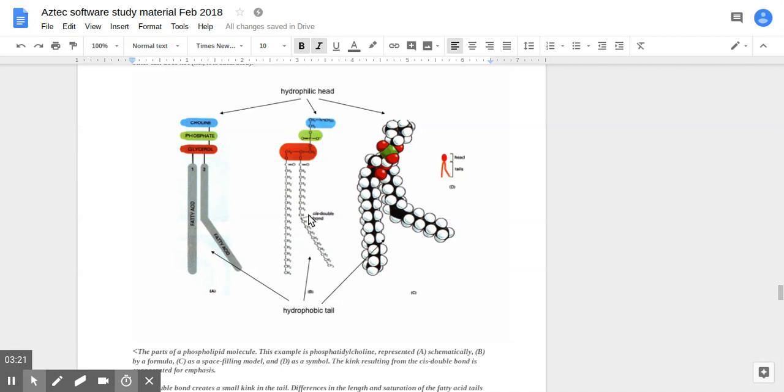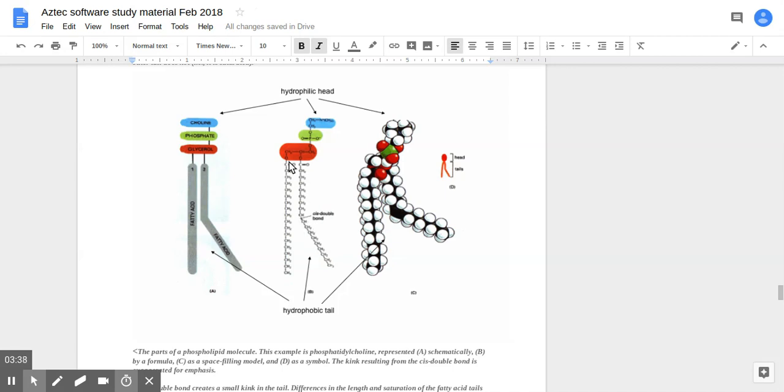So there's less rigidity and less linearity of the chains. They don't stack as tightly due to the kink of the molecule caused by the double bond between two carbon groups.